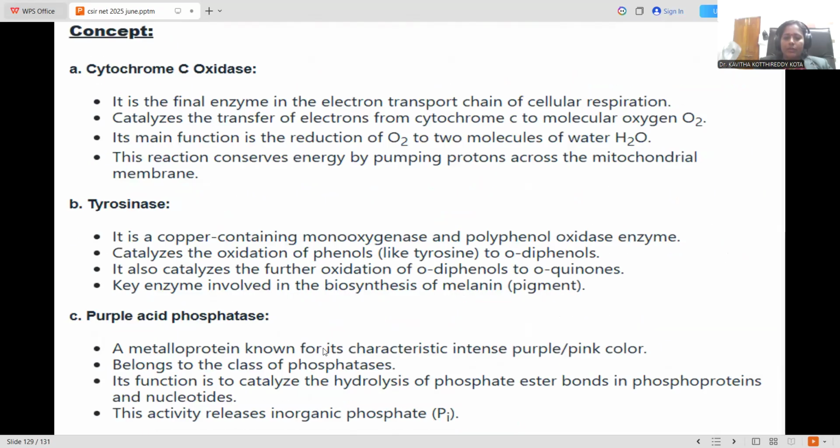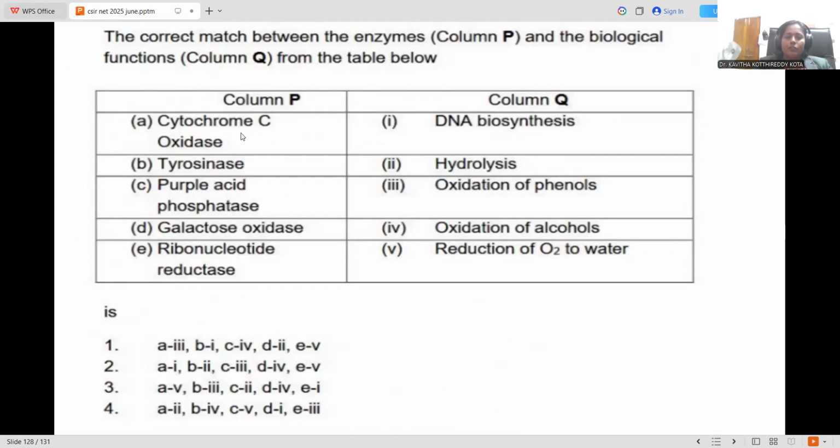Let me go with the question. Cytochrome C oxidase is meant for the reduction of oxygen into water, so A is mapped with 5. Tyrosinase is meant for oxidation of phenols, and purple acid phosphatase takes part in hydrolysis.